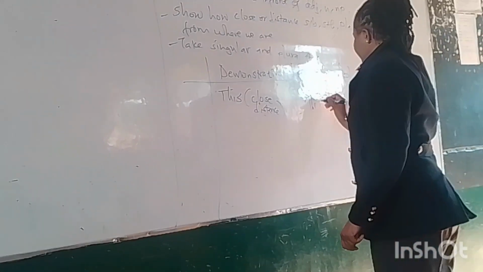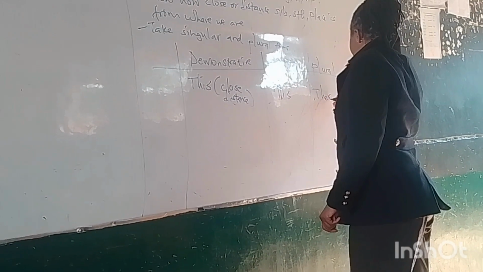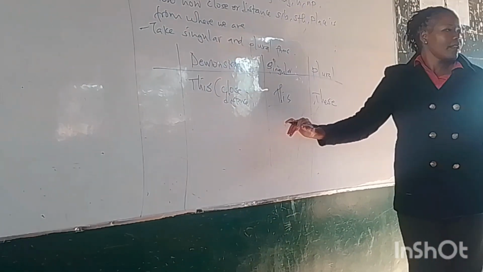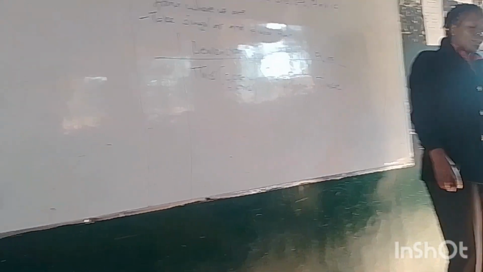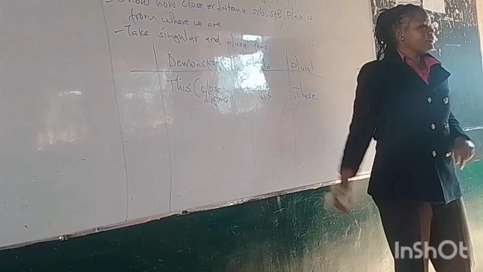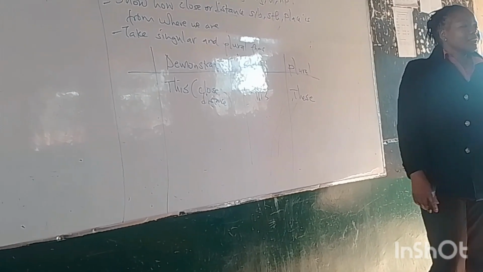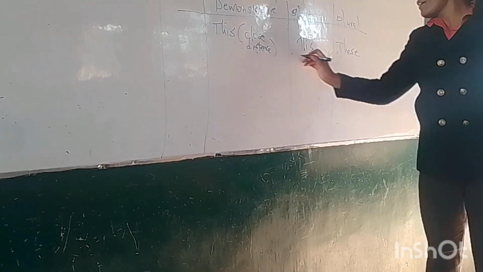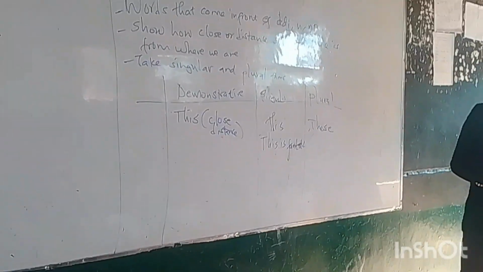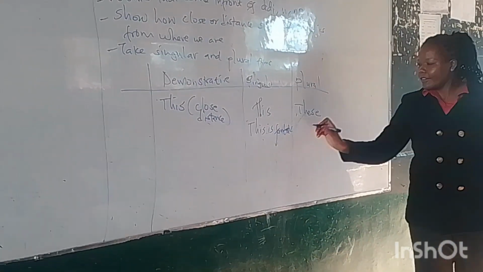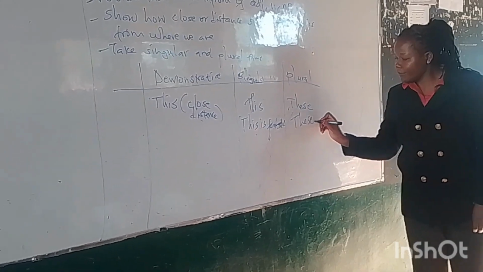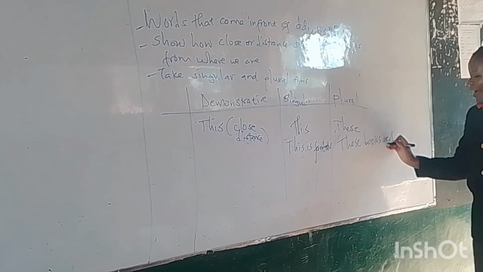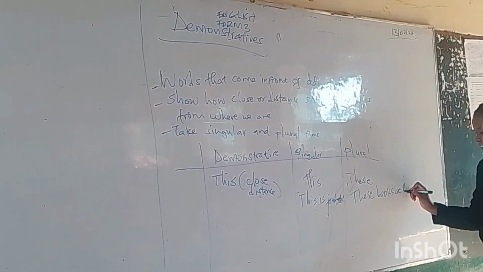So in singular it's still this. In plural we said these. Can somebody give me a sentence here? Depending on where you are sitting, what is close to you? Form a sentence with this. These books are ours.